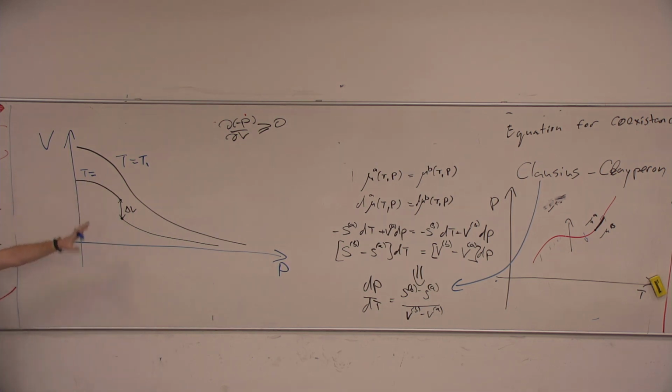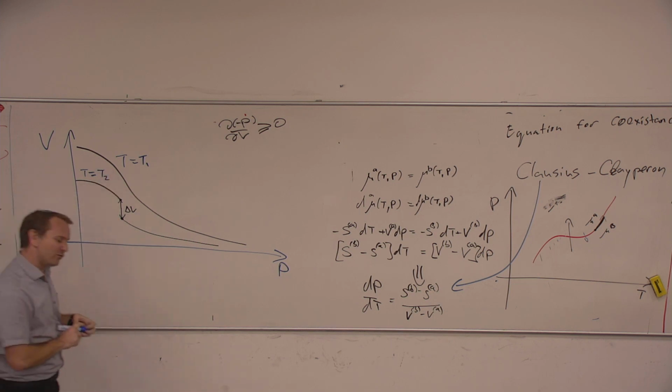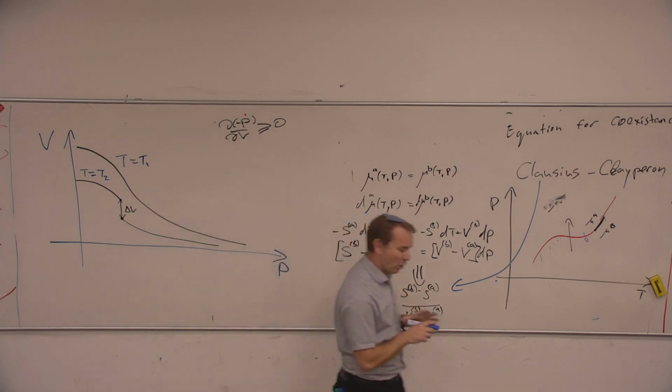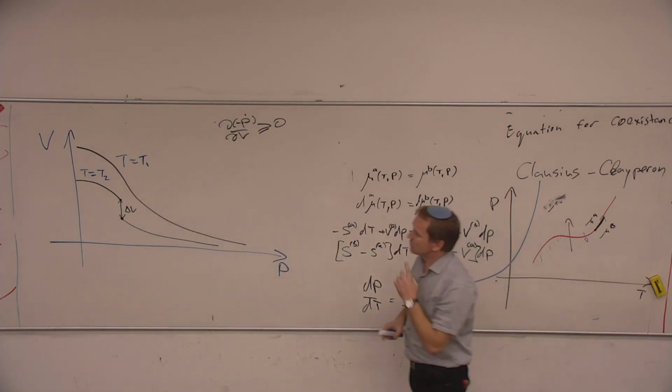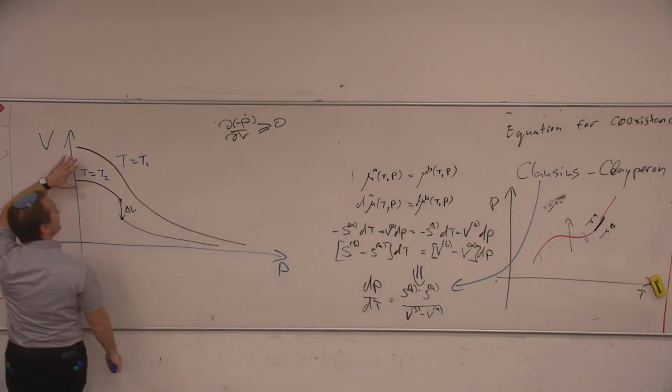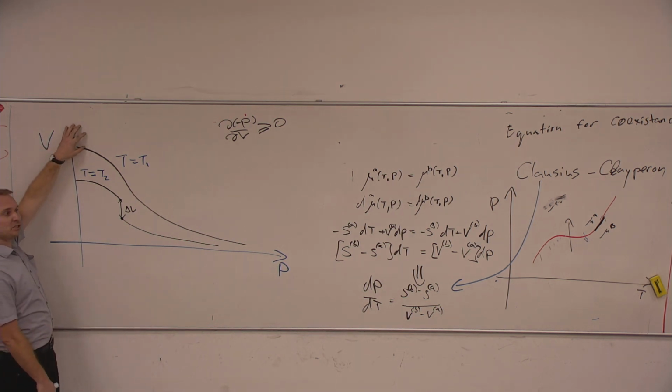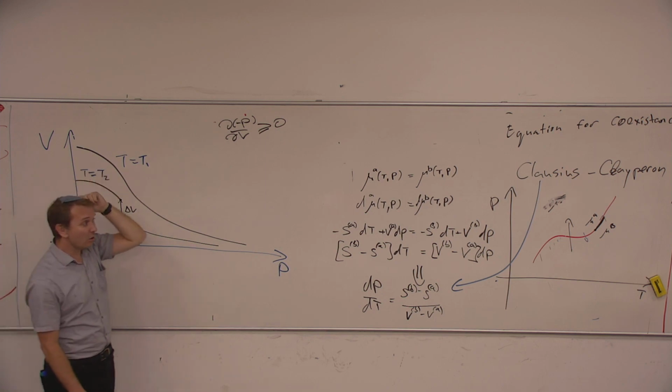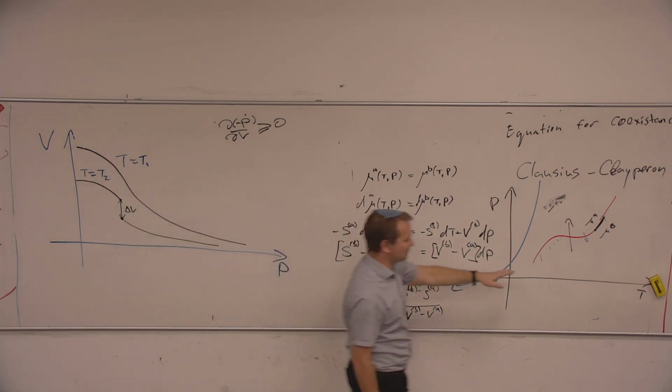Everything we put on this board is for equilibrium. Everything that is plotted over here is for equilibrium only. So what do we see? For specific temperatures, there are no phase transitions. It means I'm staying all the time in exactly one phase.